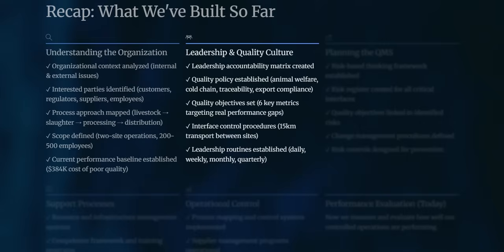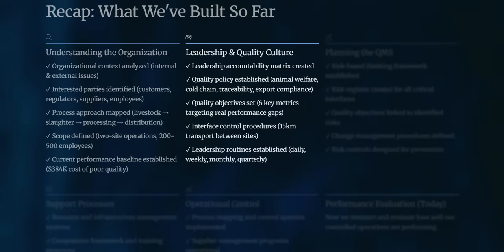Then we moved to Module 2, which is leadership and quality culture, and it covered leadership accountability metrics, which we created there. We also established a quality policy covering animal welfare, cold chain, traceability, and export compliance. In Module 2, we set quality objectives with 6 key metrics targeting real performance gaps.